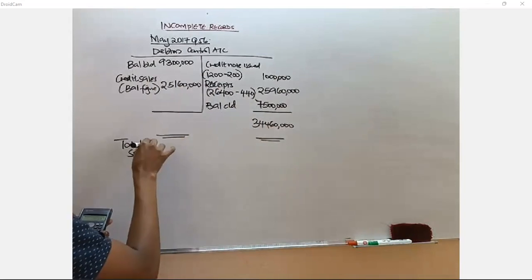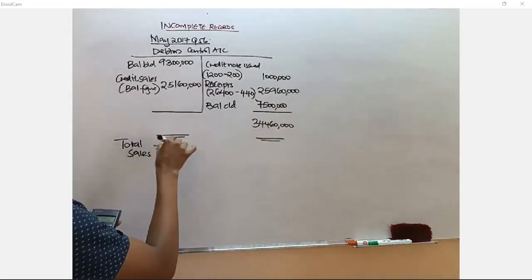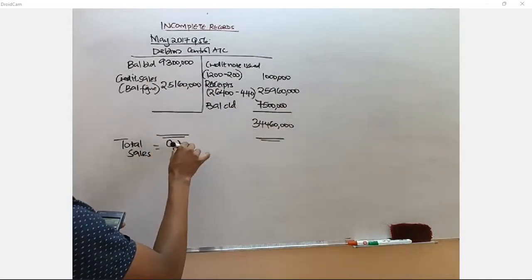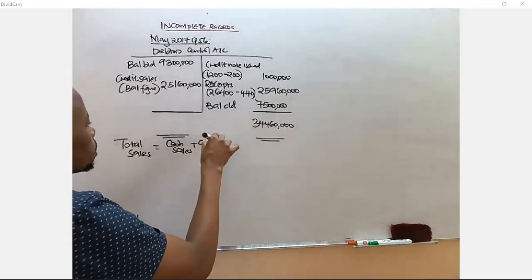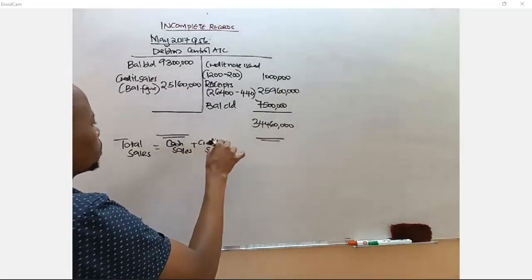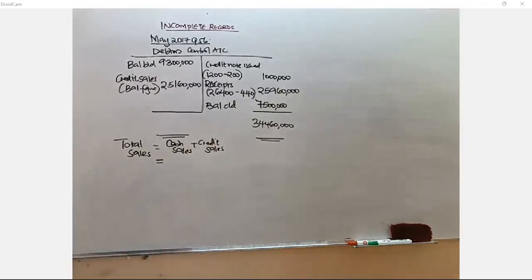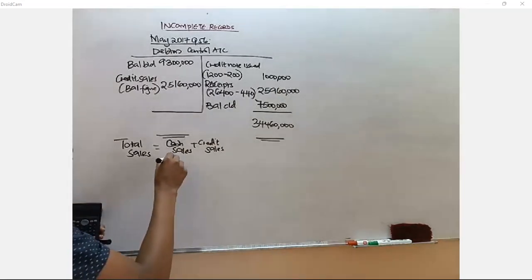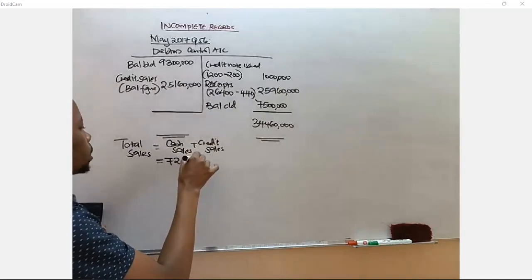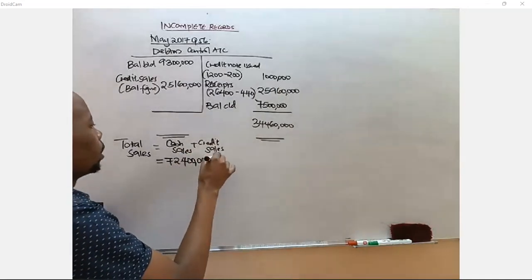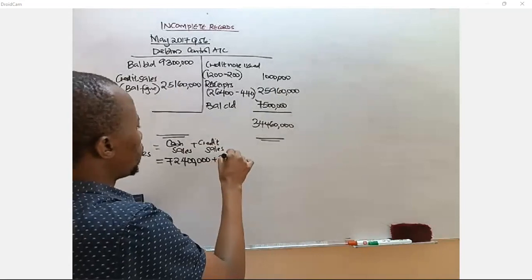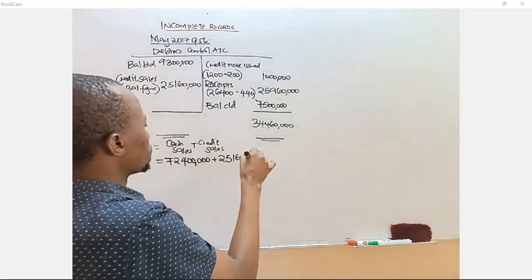Calculate your total sales. When you look at my total sales, take your cash sales plus credit sales. My cash sales, from the information provided in the question, was 72,400,000, plus my credit sales, which is 25,160,000.